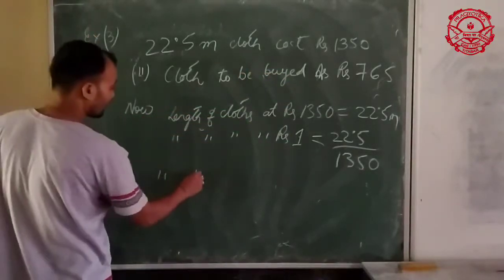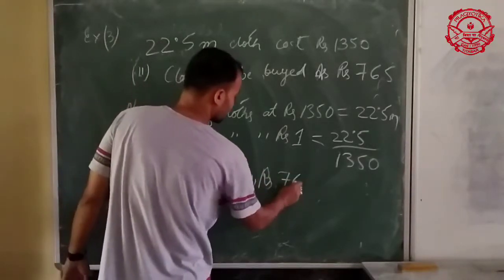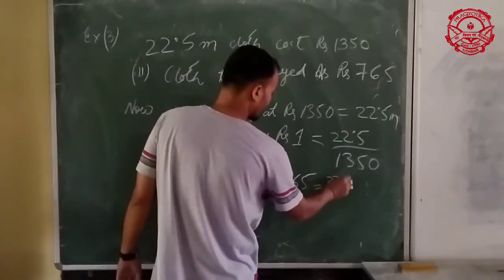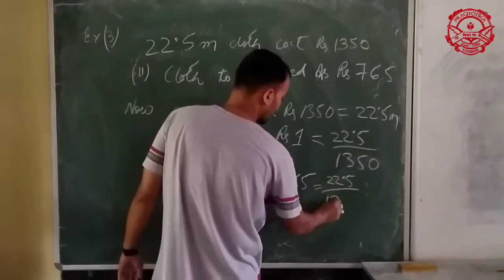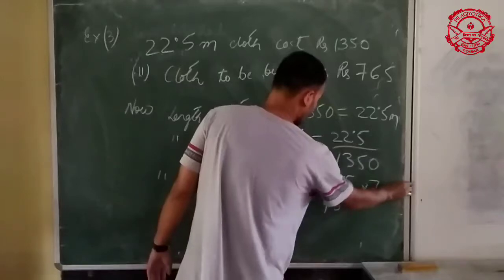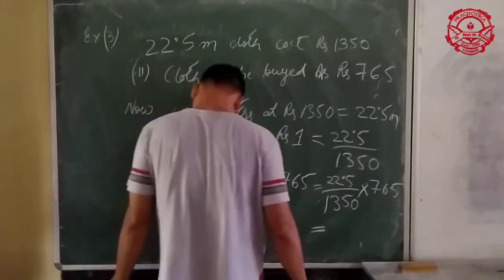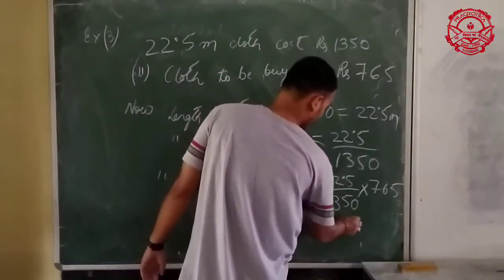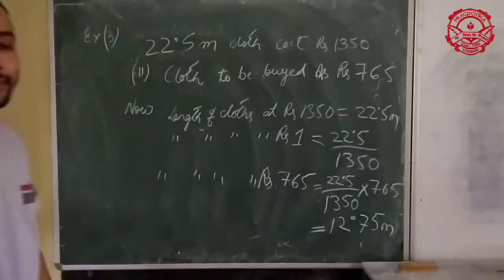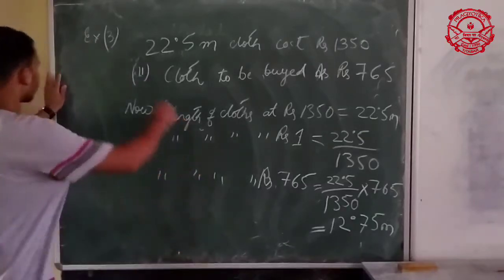The length of cloth at rupees 765 is simply a multiplication, equal to 22.5 by 1350 into 765, and if you multiply this, you will have the answer 12.75 meter. I am not doing the calculation. 12.75. Fine. This is a most important question.